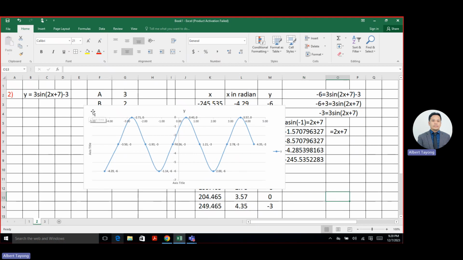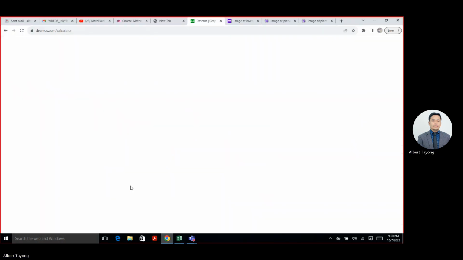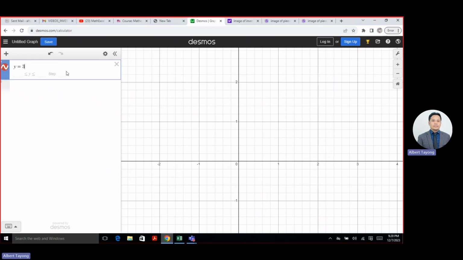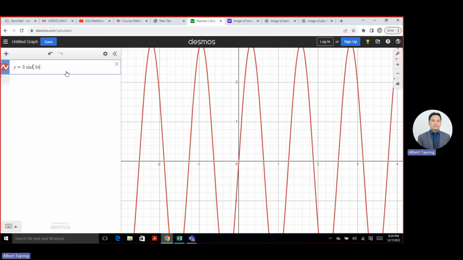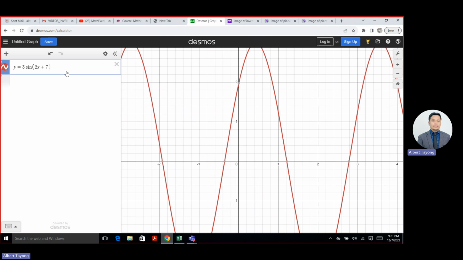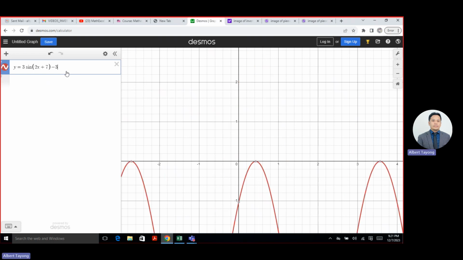Okay, so let's try this in Desmos. For example, we have y equals 3 sine 2x plus 7 minus 3. So in Desmos, this is y equals, we have 3 sine, okay, this is 2x plus 7 minus 3.